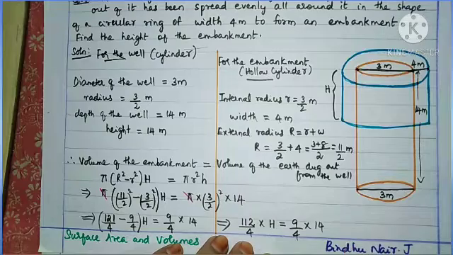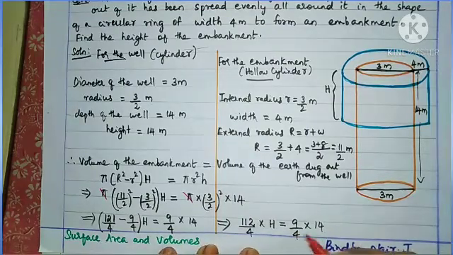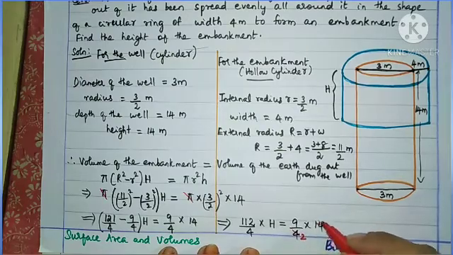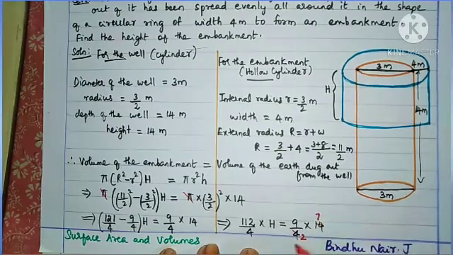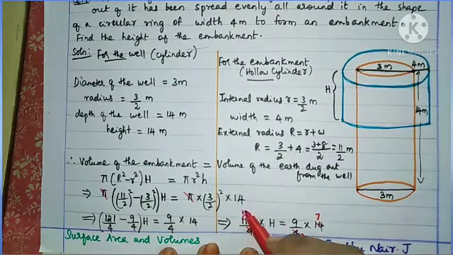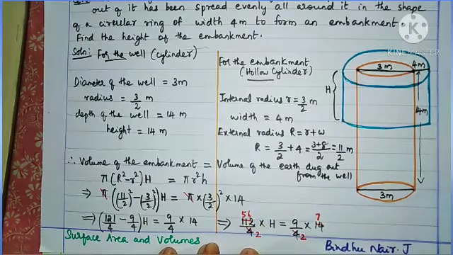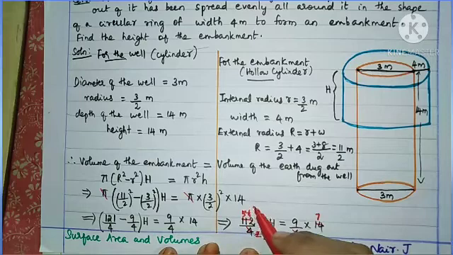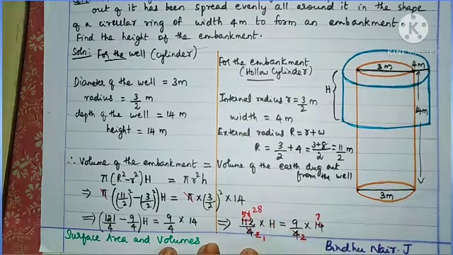Now we can simplify, children. We can simplify this 4 and 14. 2 2s are 4, 7 2s are 14, and here 2 2s are 4, and here 5 2s are 10, 6 2s are 12. Again we can cancel, 1 2 is 2, here 2 2s are 4, 8 2s are 16.